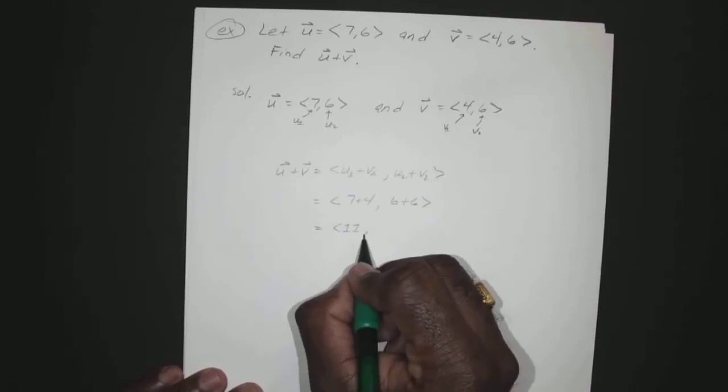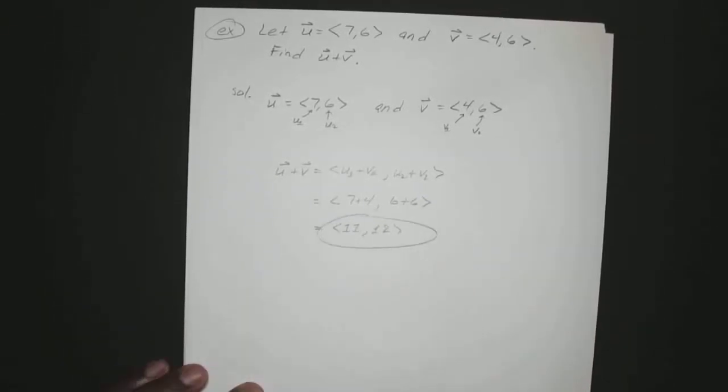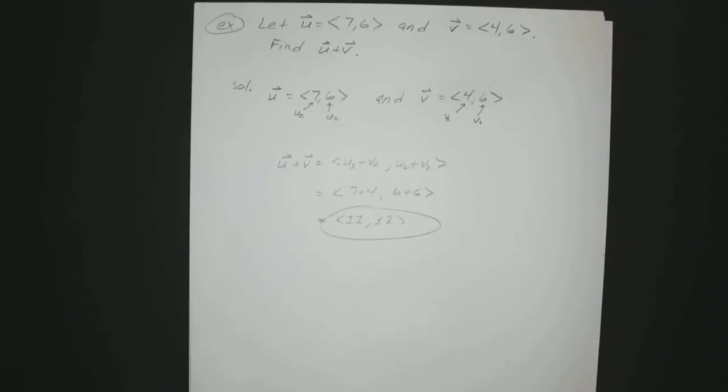So u plus v is just 11, 12. Okay. You're not going to do it here, but in cases of three-dimensional vectors, you add the first components, then the second components, then the third components. All right. So any questions on that one?